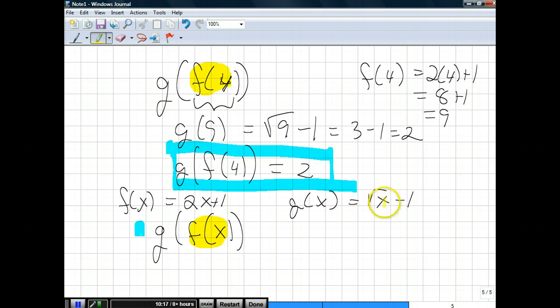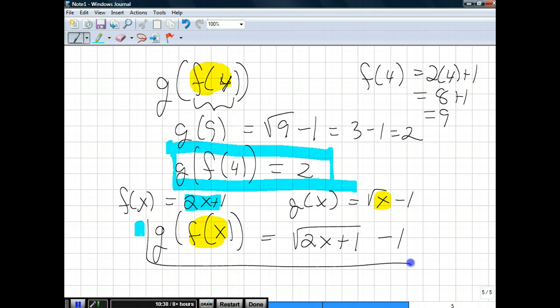Okay? So this is the g function, so in place of this x, I'm going to put all of this. So that's going to become the square root of 2x plus 1, and then we have minus 1. So the composite function is this whole thing. Okay, so that's the general composite function.